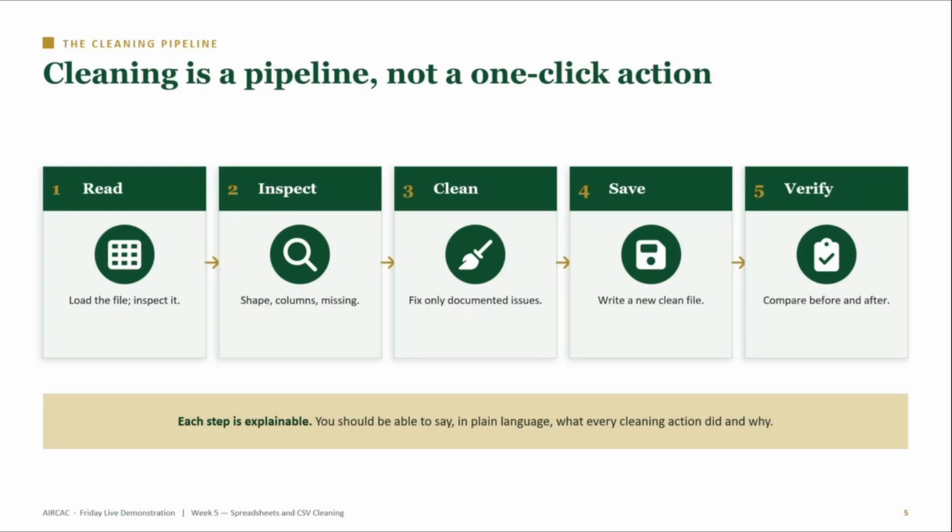So you can ask: which file am I reading? What's the shape? What is missing? What do I want to fix in this file? What should I write, how should I write it, and where should I save this file? And compare and verify the results before and after.